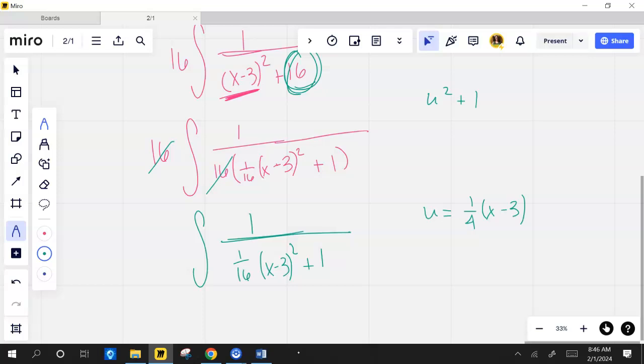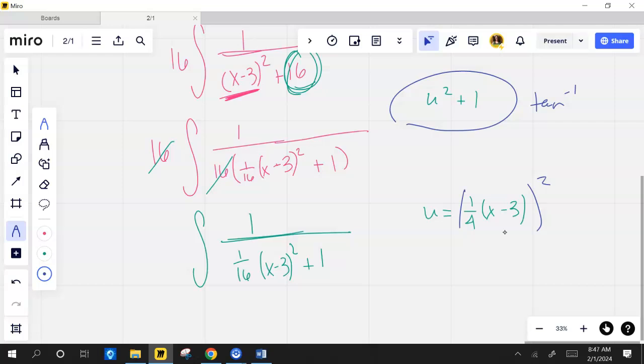When I square it, it has to end up back where I was. So if I square my whole u, I end up with 1 over 16 times x minus 3 squared. Because that's what inverse tan looks like, u squared plus 1.